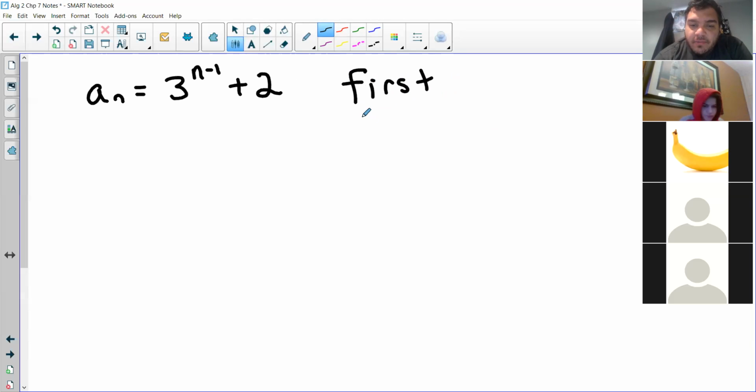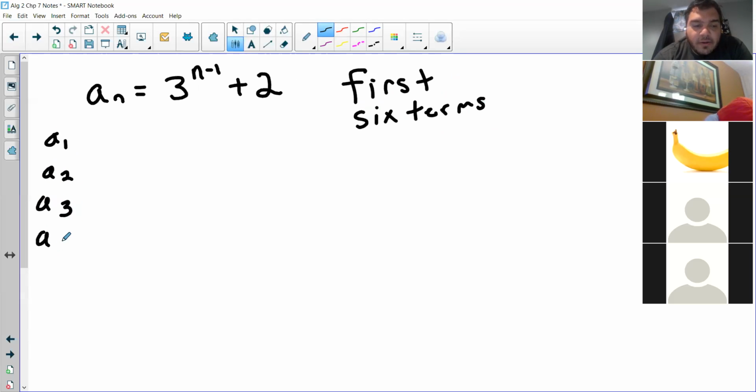So everyone's trying this out. And I want everyone to get me the first 6 terms. Now the method you use to get it, I don't mind. If you see the pattern, make sure you do the pattern. If you don't see the pattern, you can always just plug it in one at a time.